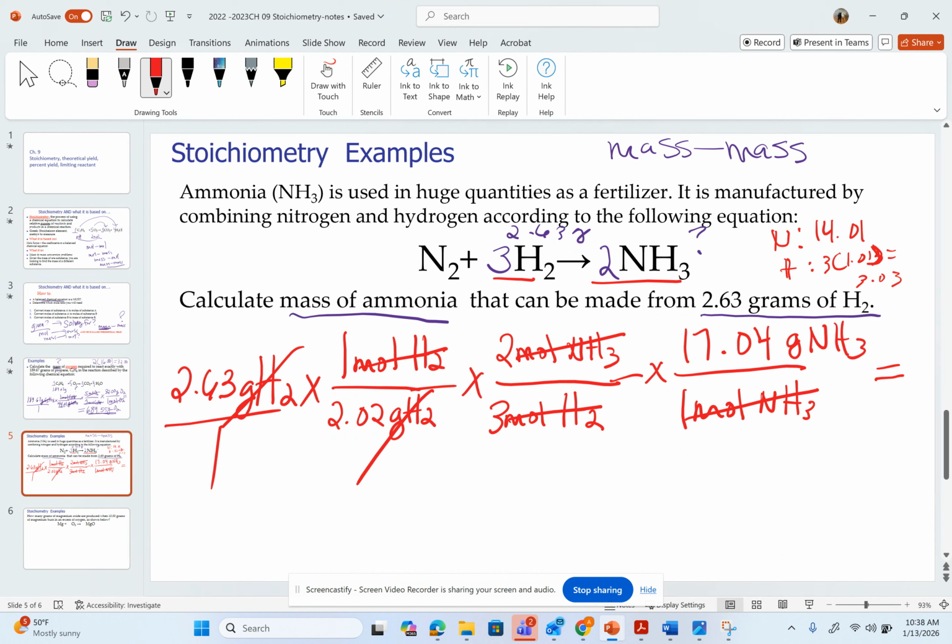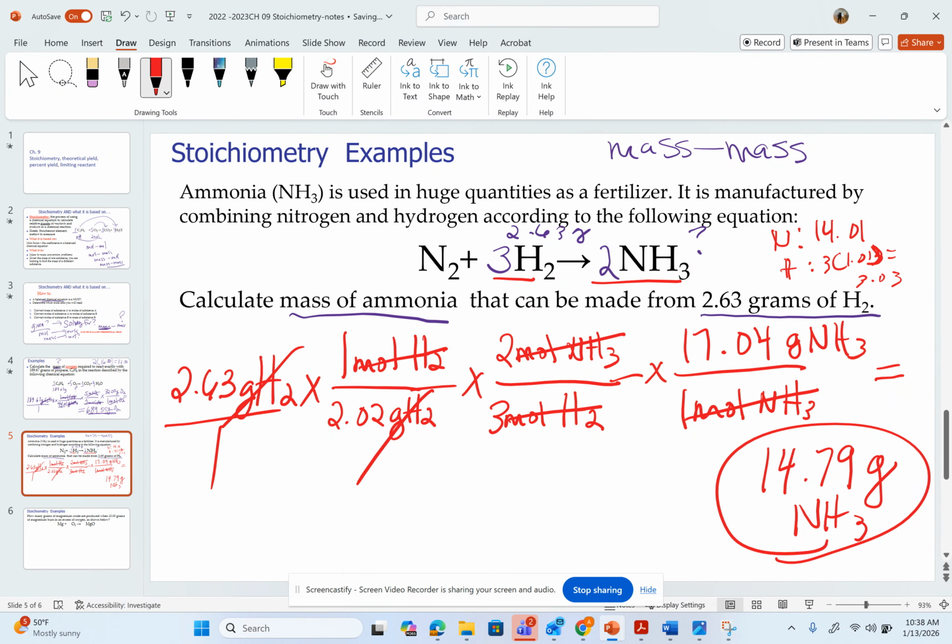So this is how I'm going to do it. 2.63 times 2 times 17.04 equals, then I'm going to divide, then I'm going to put open parentheses, 2.02 times 3, close parentheses, equals, so my answer is going to be 14.79 grams of NH3.